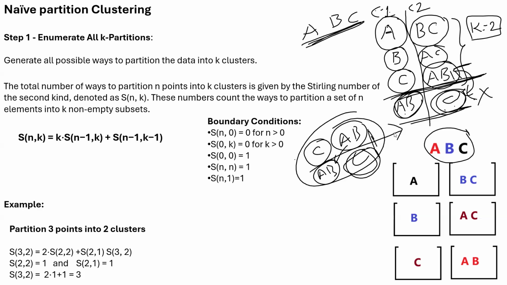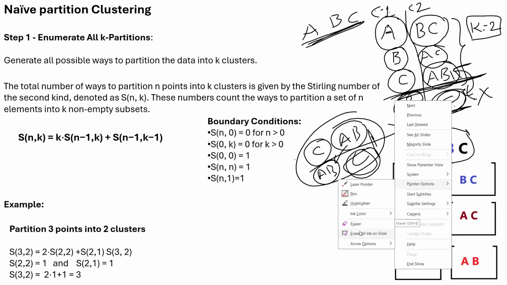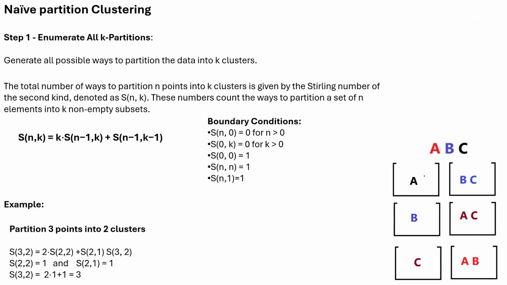These are the possible enumerations of the points. With ABC, the possible enumerations, which is the first step of naive partition clustering, are A and BC, B and AC, C and AB. So you came up with three different enumerations. Now that is the first step: generate all possible ways to partition the data into K clusters.